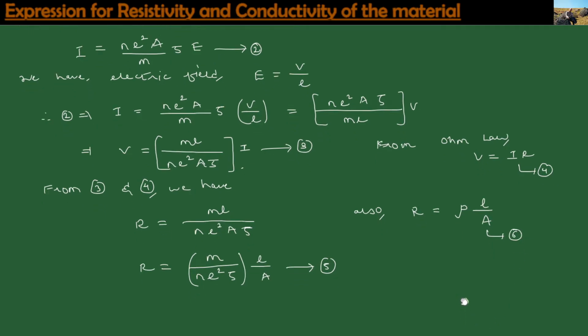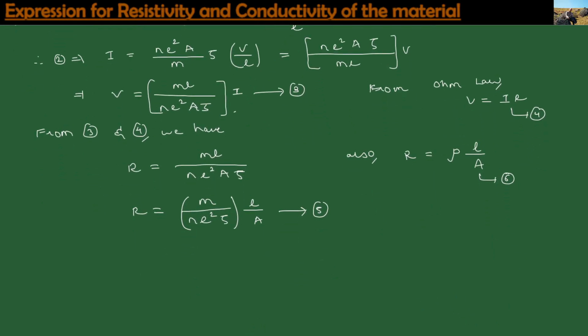When we compare equation 5 and equation 6, this bracket term is nothing but the expression for resistivity. So from equation 5 and equation 6, we get the resistivity rho.